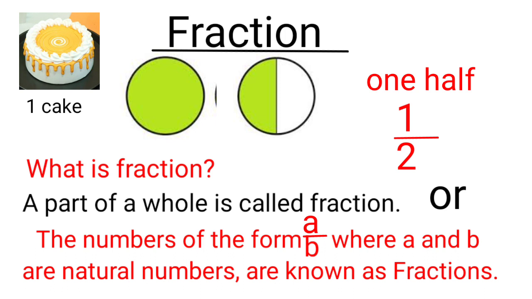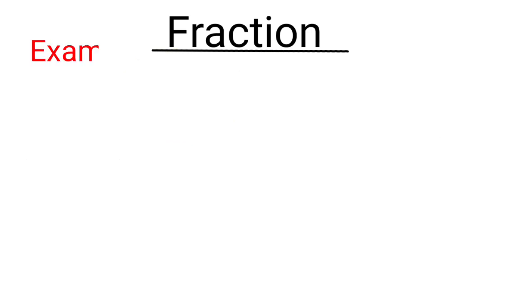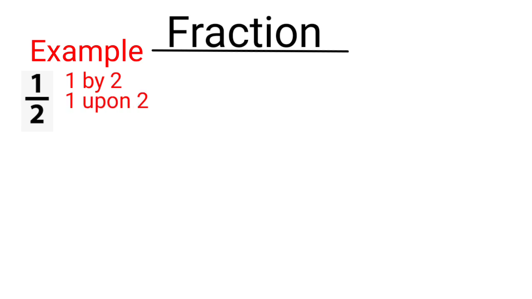Let's know how to read fractions. We can read fractions in three different ways. For example, here is 1 by 2. We can read it as 1 by 2, or 1 upon 2, or 1 half. Same as, suppose 1 by 3 is written.